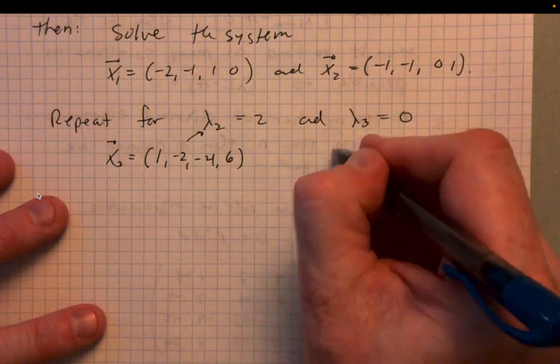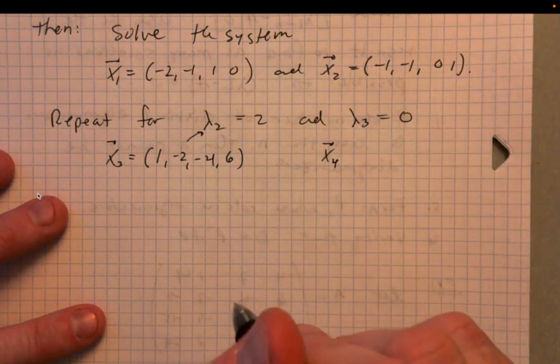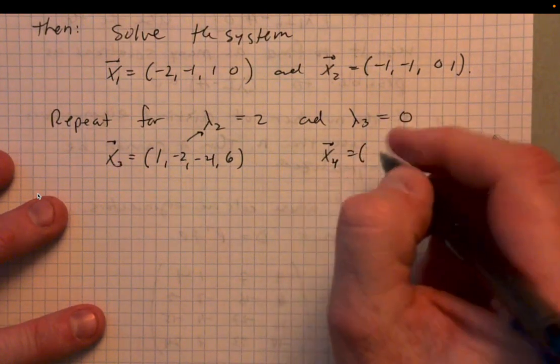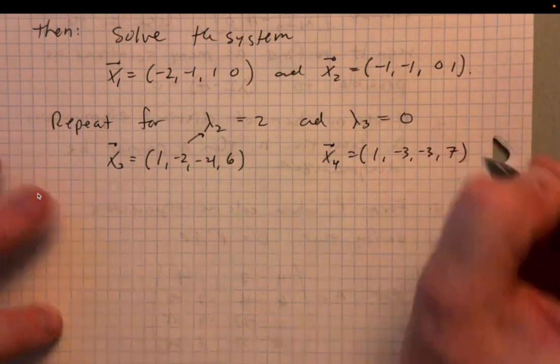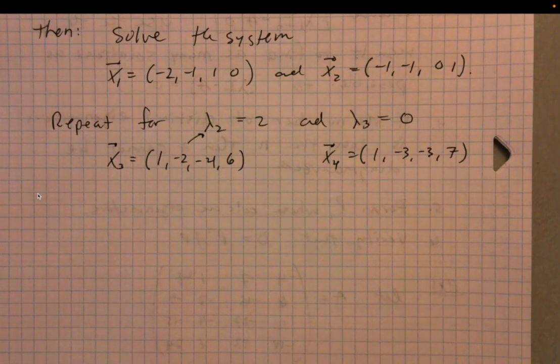And you can get an x4 corresponding to lambda3, which is equal to 1, -3, -3, 7. So we've got our 4 eigenvectors.